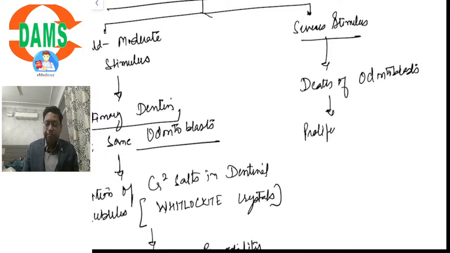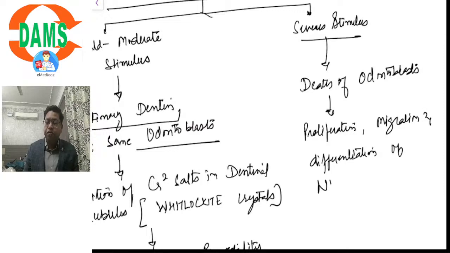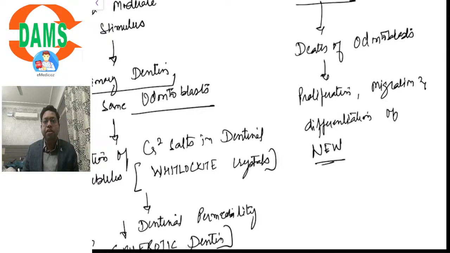proliferation, migration, and differentiation of new odontoblasts. Because the old odontoblasts have already died, there would be proliferation, migration, and differentiation of new odontoblasts.